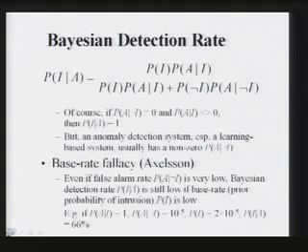One observation here is that, of course, if the false alarm rate is 0, then the Bayesian detection rate would be very good. But on the other hand, we know that in IDS, typically in algorithms we have some false positive rate, and so you have this phenomenon called the base rate fallacy.